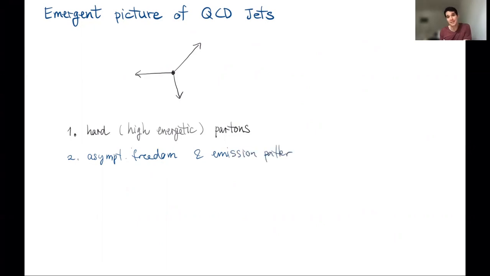But which tells us that emissions are preferably going into the direction of these hard lines, or if not, they are likely more soft.